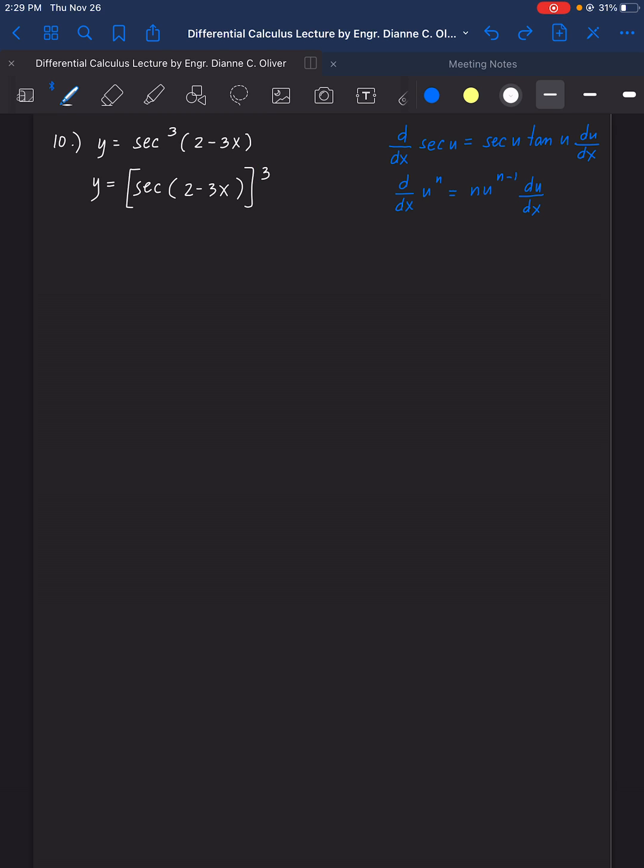Okay, so this is now dy equals, bring down 3, copy u, secant 2 minus 3x, then minus 1 the exponent, derive the inside. So that is secant u tangent u, then the derivative of the u.